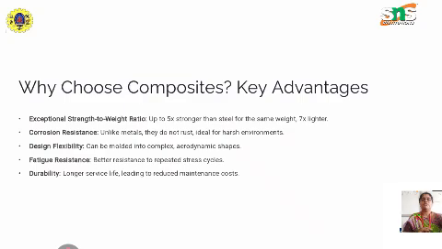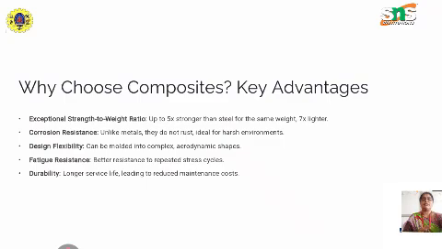It is made into different products, it is resistant to corrosion, and it is lighter than iron and other metals, so we use steel. But composite materials are stronger than steel for the same weight and 7 times lighter than steel also.